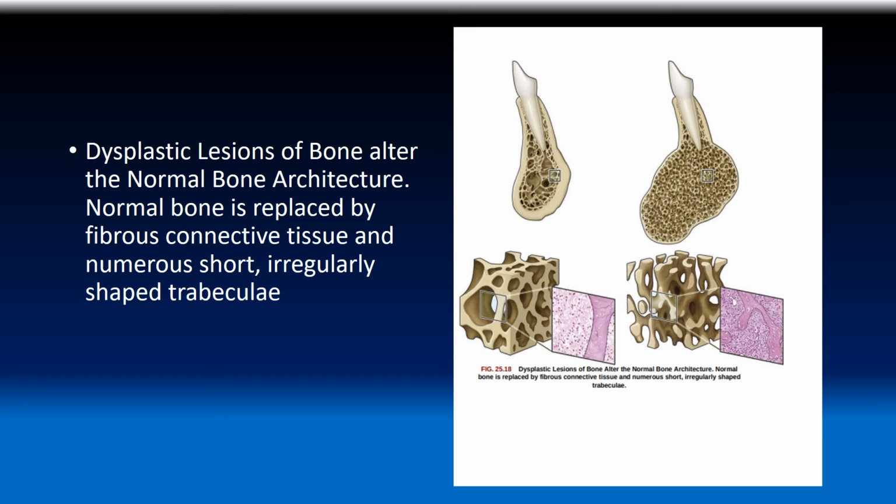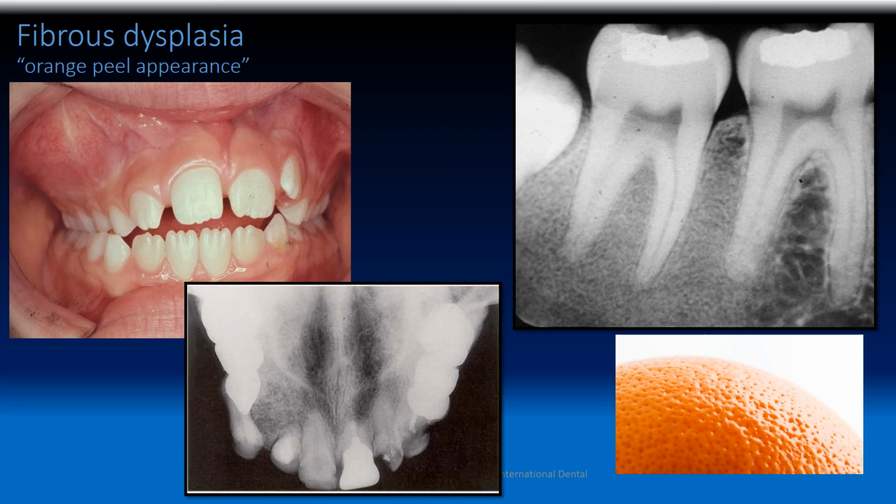This is a diagrammatic representation of the dysplastic lesion of the bone that alters the normal bone architecture. Normal bone is replaced by fibrous connective tissue and numerous short, irregularly shaped trabeculae. The most common fibro-osseous lesion that we generally describe is fibrous dysplasia, and these images give you the orange peel appearance.